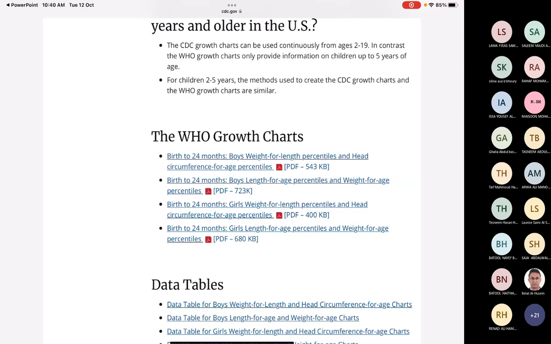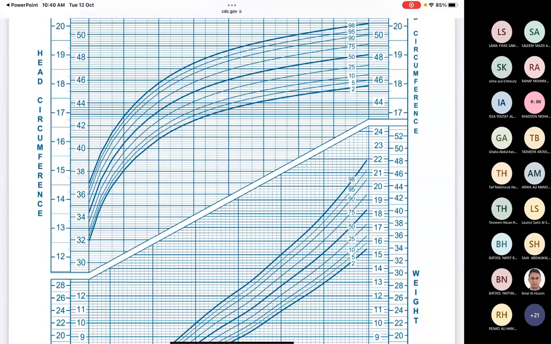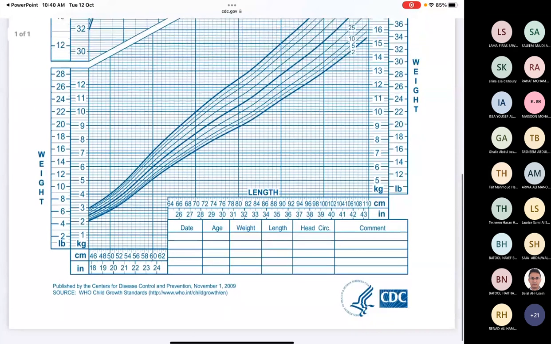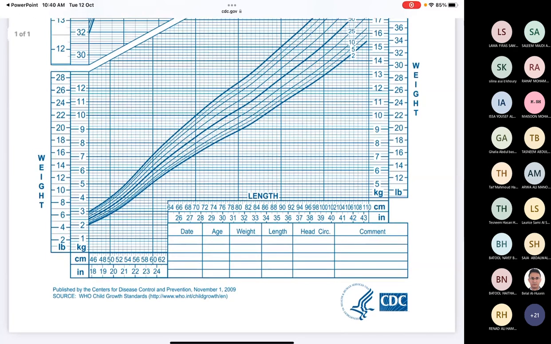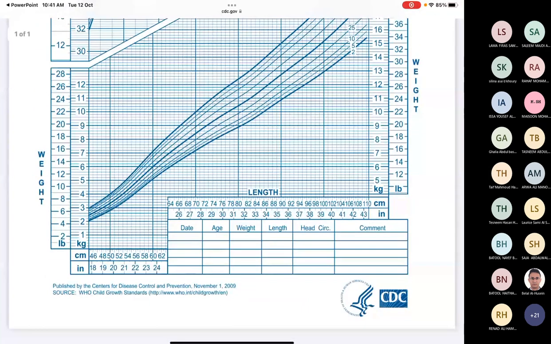What do percentiles mean? Let me show you. This chart shows the growth according to weight and age. The x-axis is the age and the y-axis is the weight. Above, you can see the head circumference.